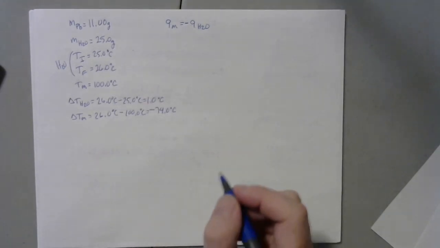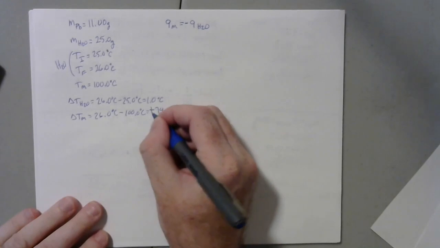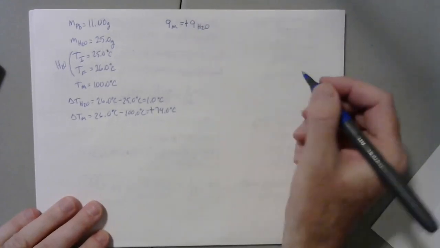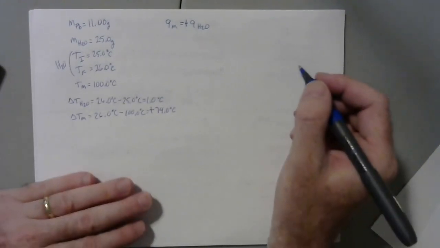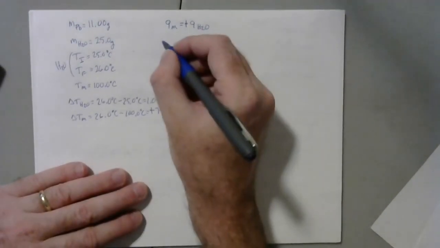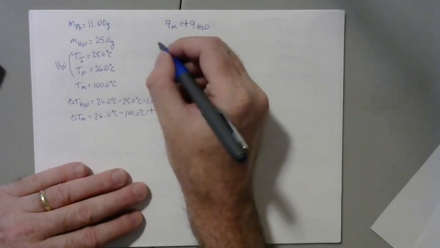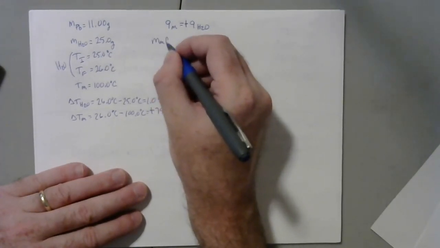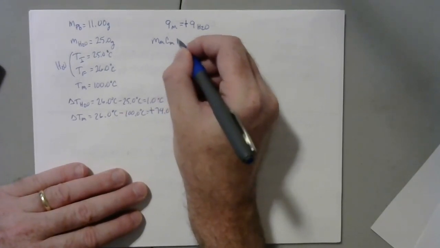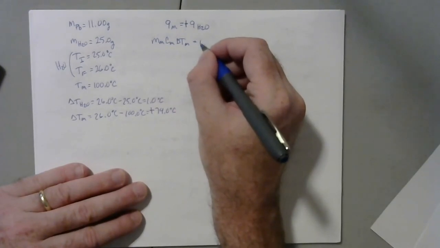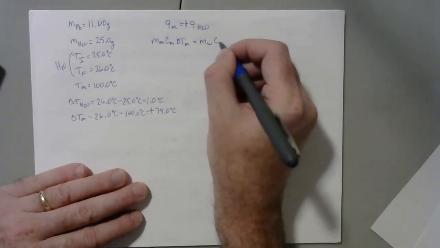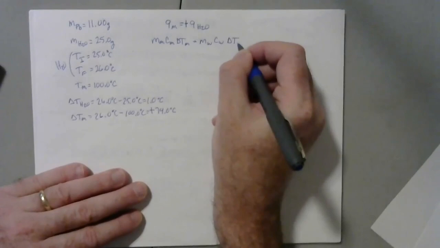Now, since you get a negative sign in the formula and a negative temperature, you could just make them both positive and not carry that negative sign the whole problem. So substituting, we're going to have mass of the metal, specific heat of the metal, change in temperature for the metal equals mass of the water, specific heat of the water, change in temperature for the water.